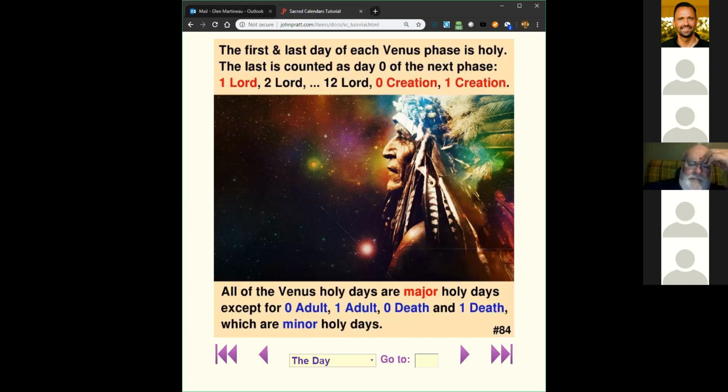So for instance, the 13 days of Lord are 1 Lord, 2 Lord, up to 12 Lord. And then instead of saying 13 Lord and 1 creation, it goes to 0 creation and 1 creation. So the 13 is like the 0. And earlier we looked at pictures of clocks and saw that just like the 12 on our clock is really a 0, it's when things begin, the 13 is really a 0.